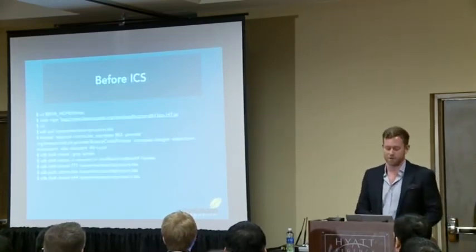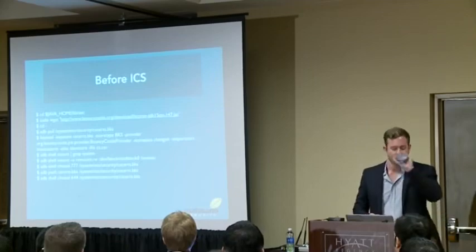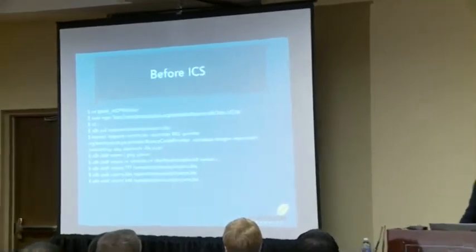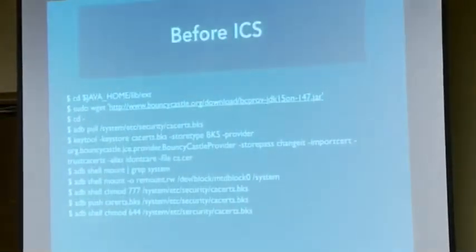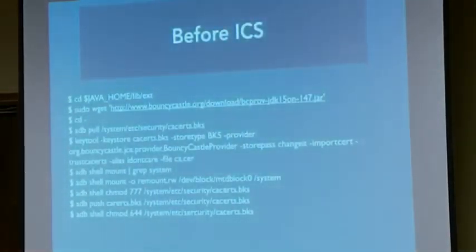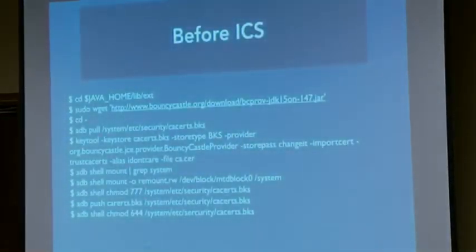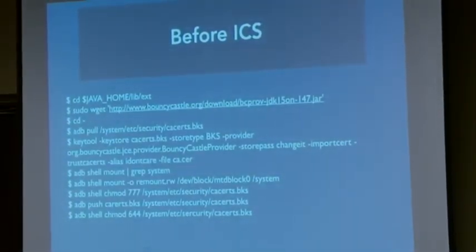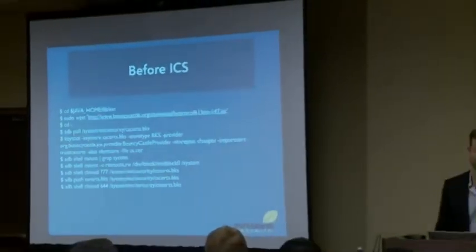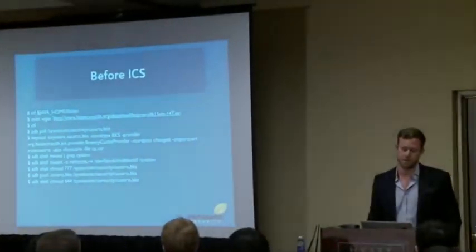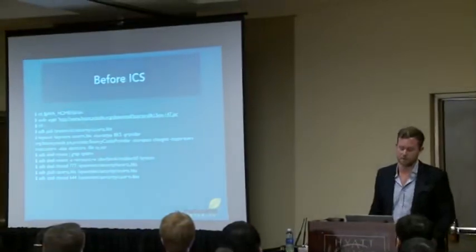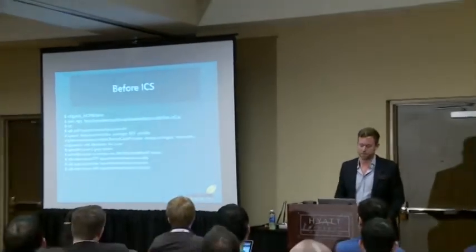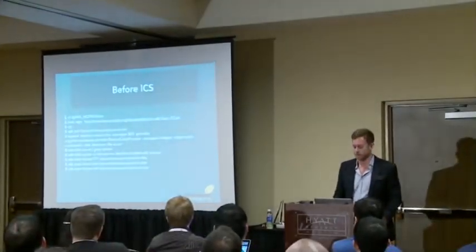Before Ice Cream Sandwich, this was the set of commands you'd have to use to install a cert onto a device, and then reboot the device. You have to install the Bouncy Castle libraries, pull the cert, use Bouncy Castle to import your cert, remount the system partition to have read-write access, pull the current CA cert, change the permissions for the current CA cert, push the new one up, and then change the permissions back.